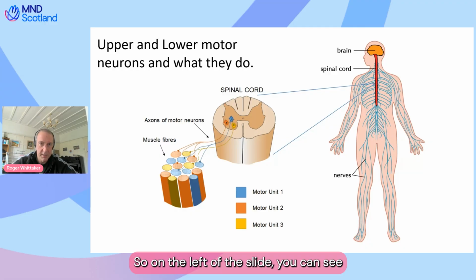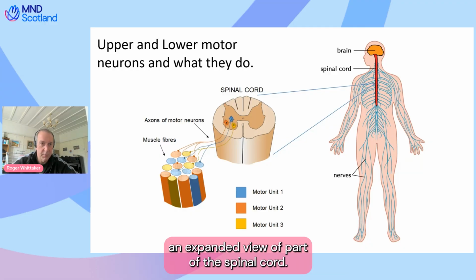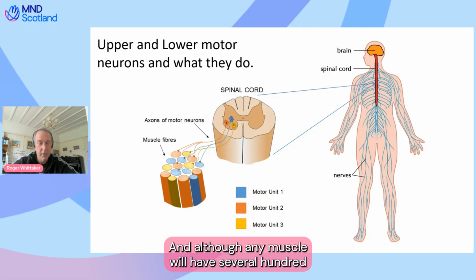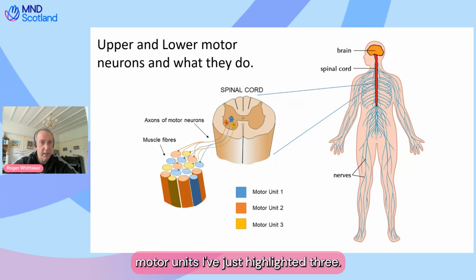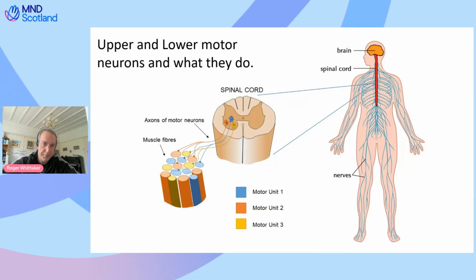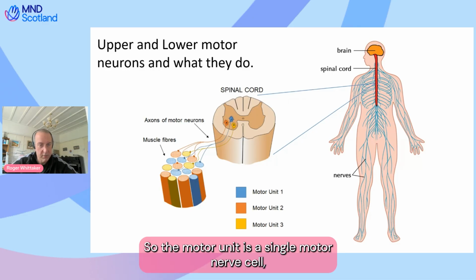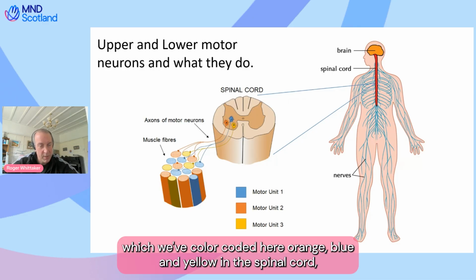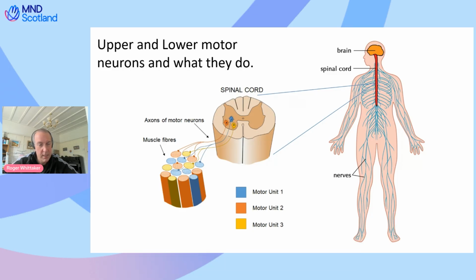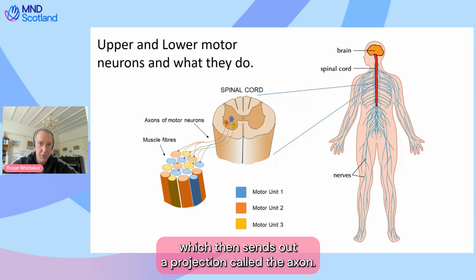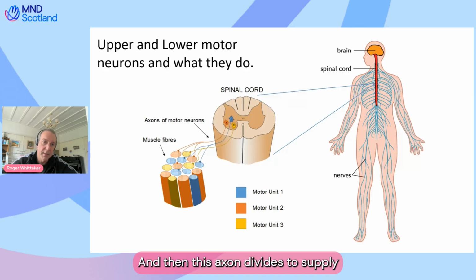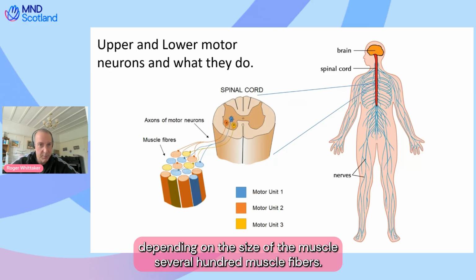So on the left of the slide, you can see an expanded view of part of the spinal cord. And although any muscle will have several hundred motor units, I've just highlighted 3. So the motor unit is a single motor nerve cell, which we've color coded here, orange, blue, and yellow, in the spinal cord, which then sends out a projection called the axon, and then this axon divides to supply, depending on the size of the muscle, several hundred muscle fibers.